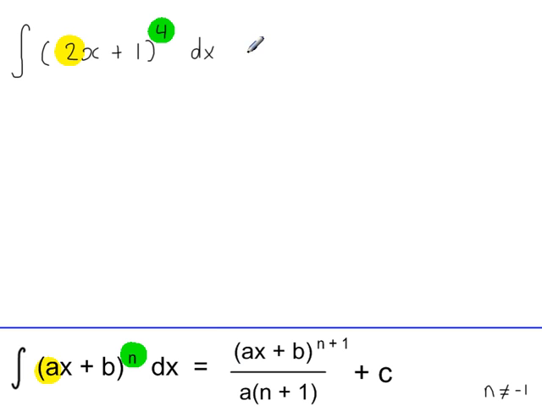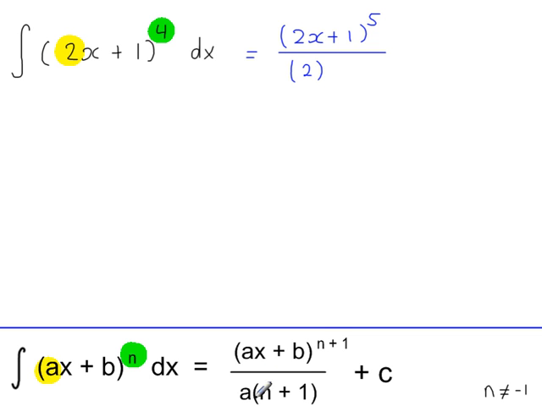So applying the formula, ax plus b, so everything inside the brackets there, 2x plus 1, to the power of n plus 1, so the power was 4, so it's telling you to increase the power by 1. Then in the denominator here, we're dividing by a, which is the coefficient of x, so we're going to divide by the 2.